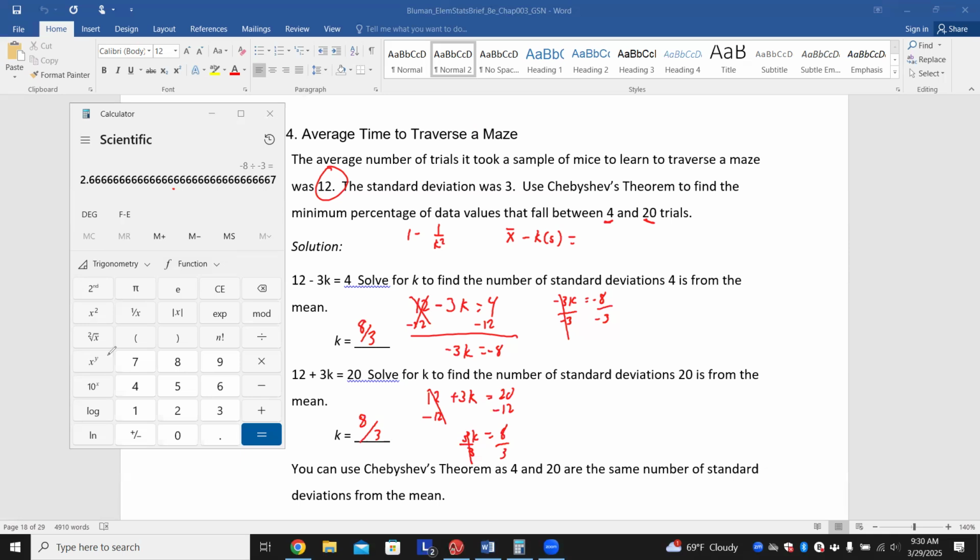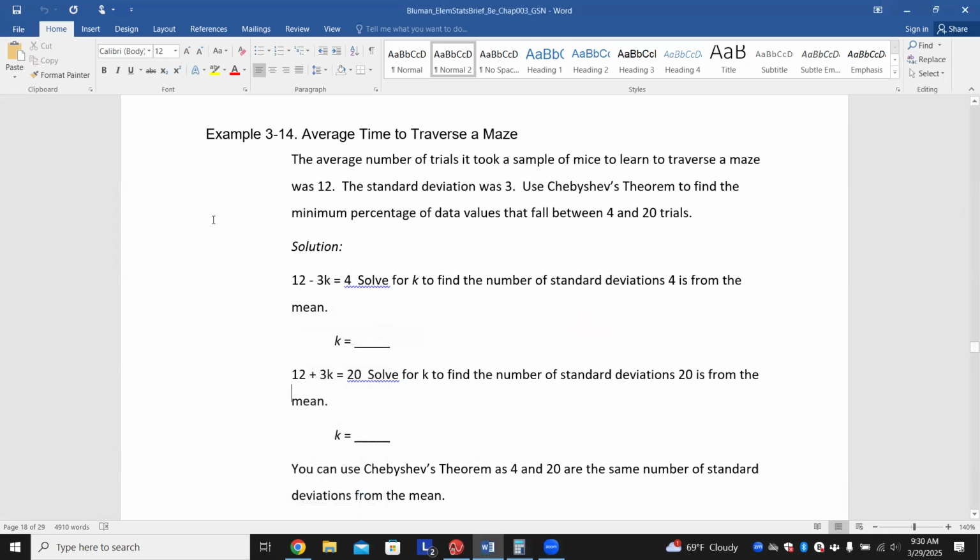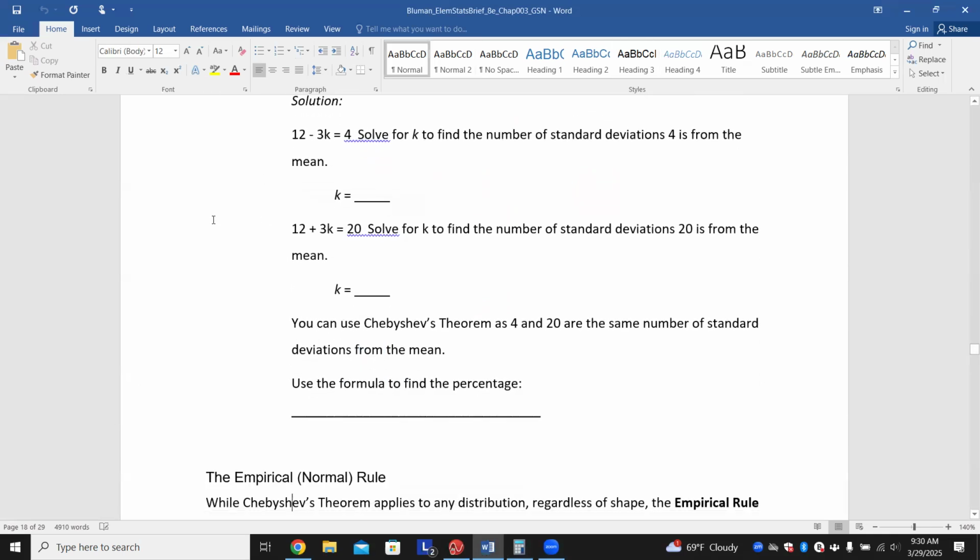Now that I know my k value, I can say this is 1 minus 1 over 8/3 squared. Now we just have to figure out what this is as a percentage.